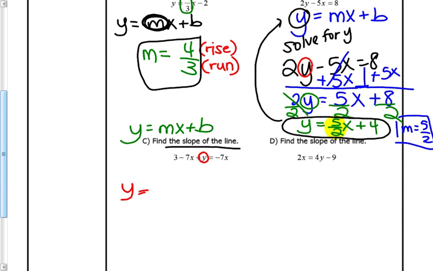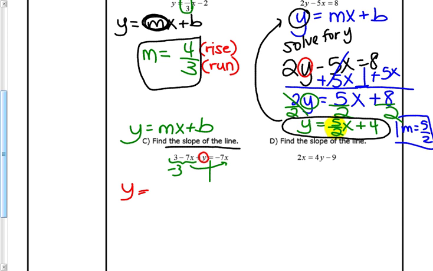So to get y alone, I'm going to have to move everything over to the right. And I can actually take them at the same time if I wanted to, because I've got both of these that need to go over. If I have a positive 3, then to move it over, I would have to subtract 3.